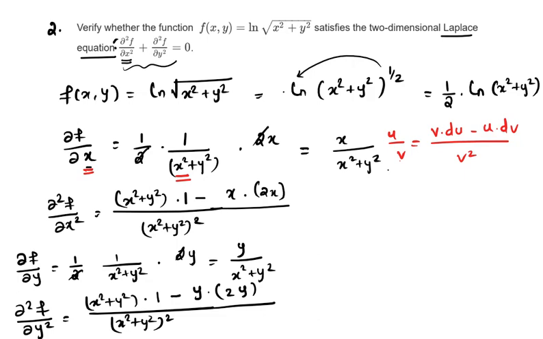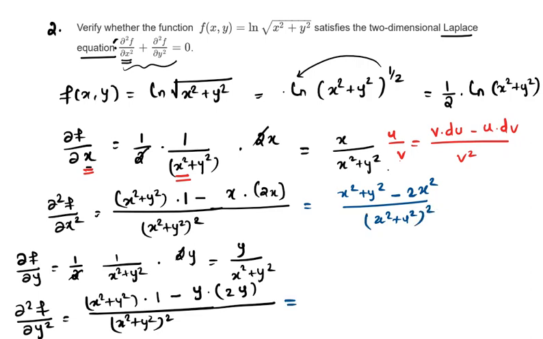Now I'll write it in a different pen for understanding. So come to this value. Here we have x squared plus y squared minus 2x squared divided by x squared plus y squared the whole square.